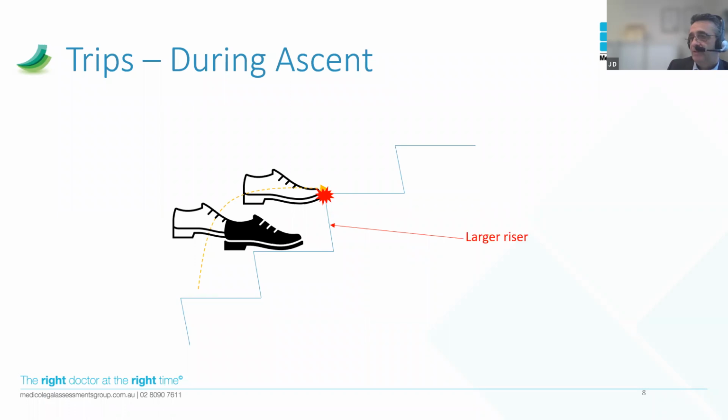And the main issue here is that the riser height is larger than the preceding step. So again, people rely on steps which are consistent in shape and size, and if there's any irregularity in the step dimensions, that can lead to a person tripping on the steps.